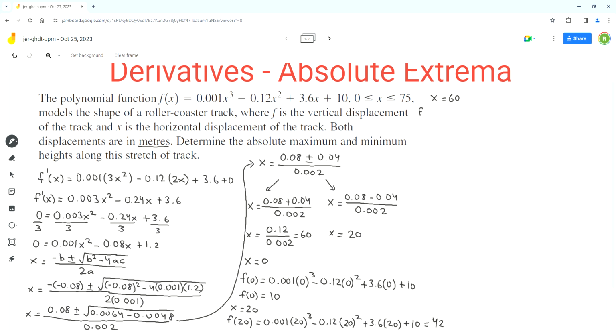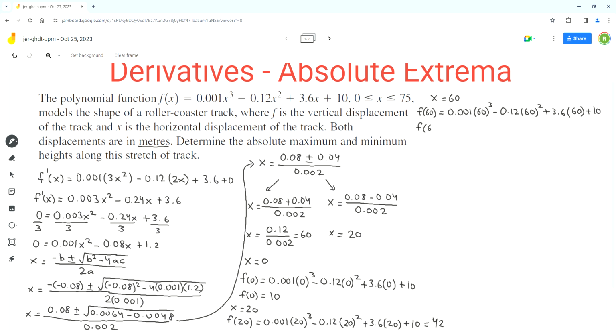Now we have to find the function value at x equals 60. So we get f at 60 equals 0.001 times 60 cubed minus 0.12 times 60 squared plus 3.6 times 60 plus 10.